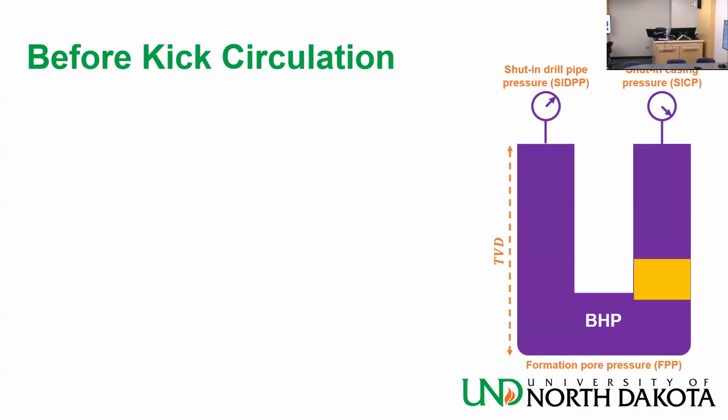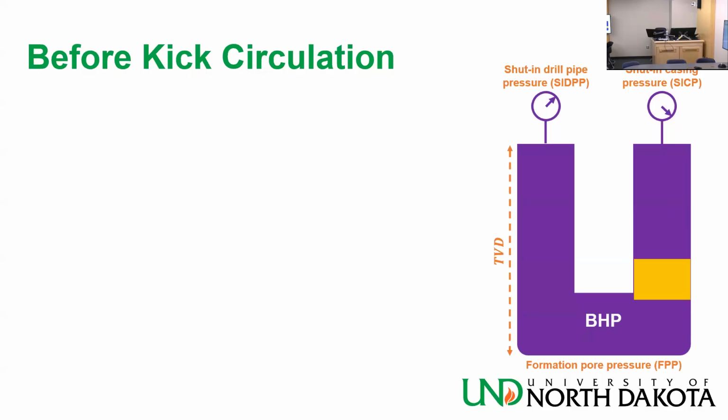Pressure on the drill pipe, on the surface. So if I get below SIDPP, I'm in trouble. Actually, it's not exactly like that, but let's stick with the simple case now, just to show you something.